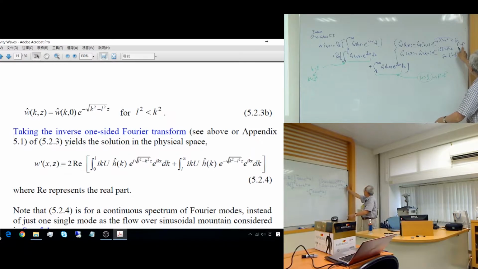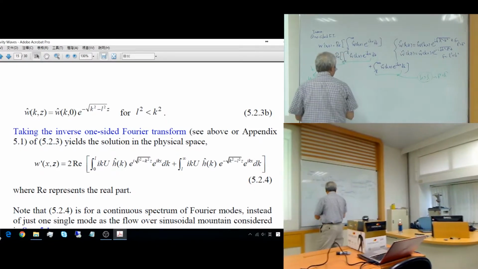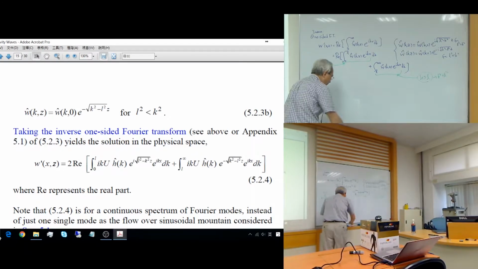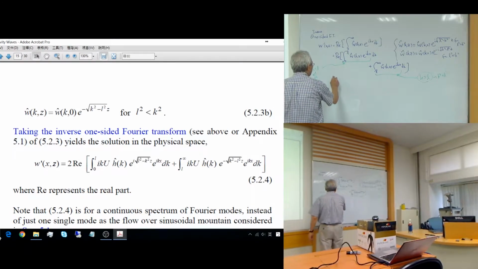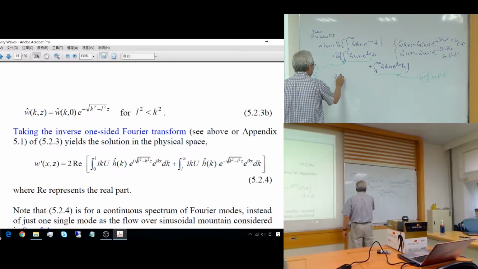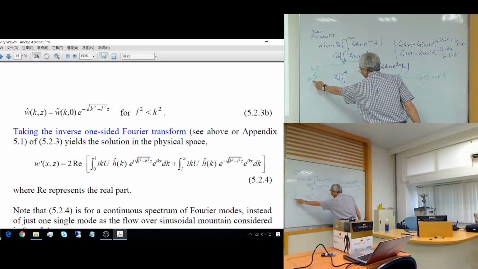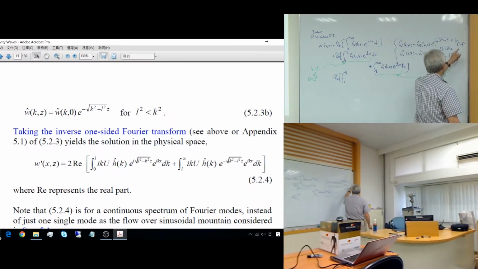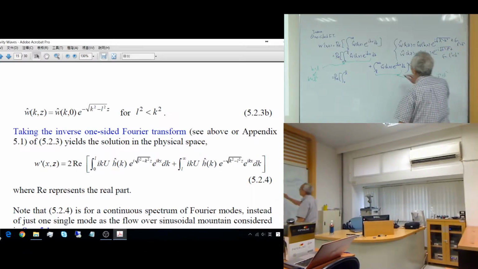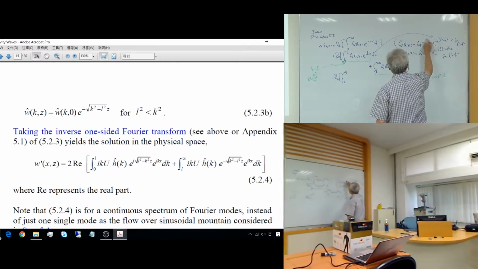So for the part from 0 to L, k squared is less than L squared, and the solution is this one.